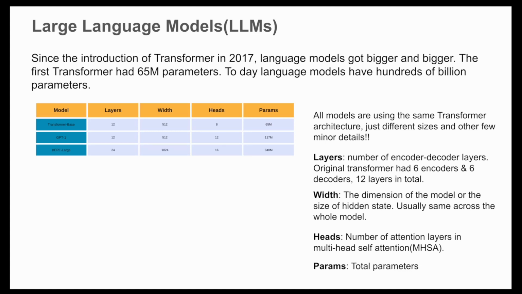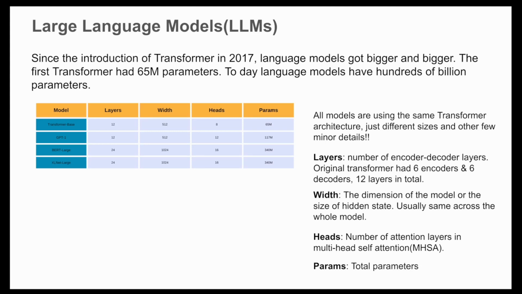BERT large was also one of the earliest large language models. BERT had 24 layers, double the width of GPT-1, and 16 heads, and BERT large had 340 million parameters.